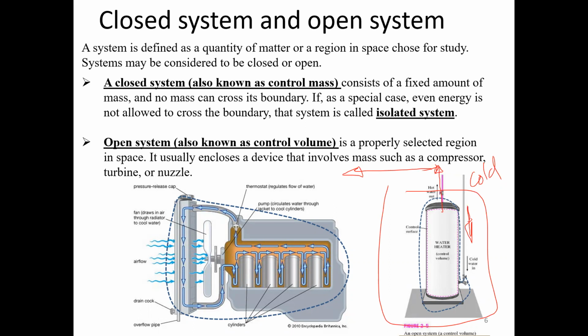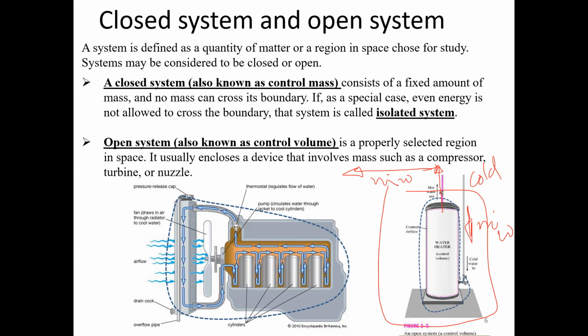So we always have m dot water entering the tank, and there is m dot water leaving the tank. We call this an open system because mass crosses the boundary of the system.